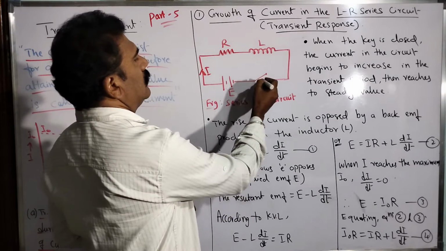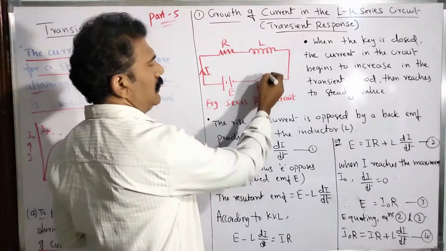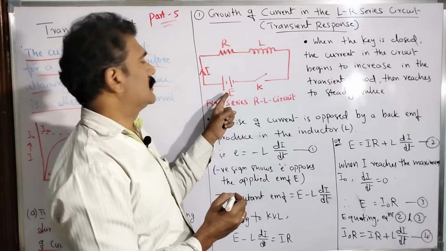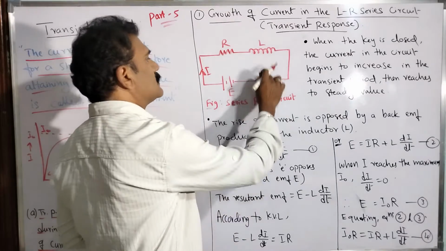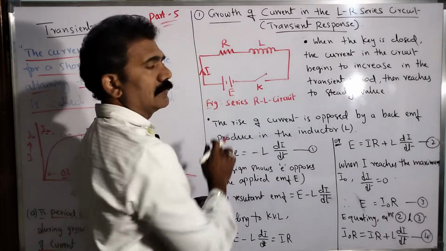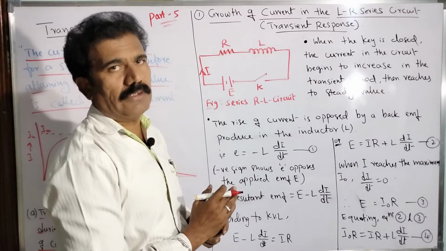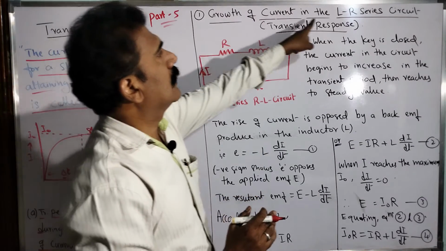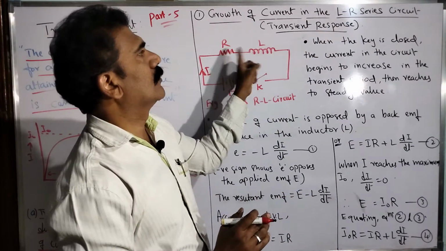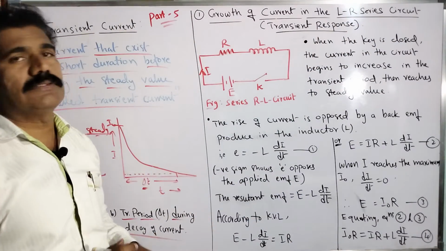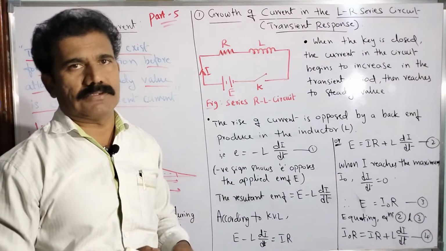There is a key here, the tapping key, along with a supply EMF E. The moment you press the key, immediately the current starts increasing in the circuit. That is called growth of the current. So let us try to understand the growth of the current in the LR circuit, that means L and R both in a series circuit. That transient response in the circuit you have to study first.